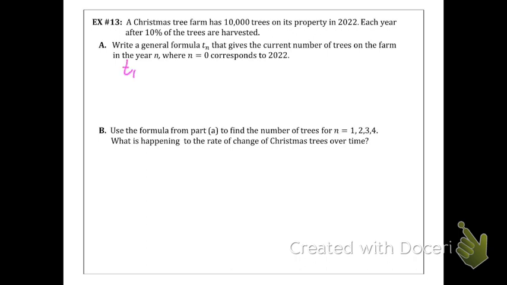We know that T sub 0, that first year in 2022, has 10,000 trees. And so my equation, T sub n, will equal, if they're harvesting 10% of the trees, that means they're leaving 90% of the trees, right? So there's 90% of the trees from the previous year plus the 700 that they are planting.